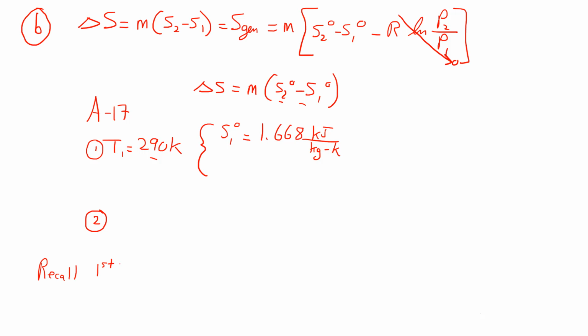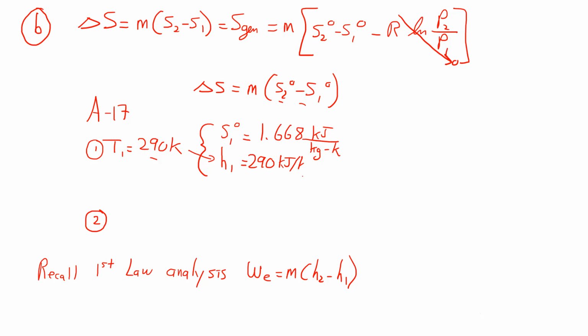my first law analysis, right, I had that electric work is equal to mass times H2 minus H1. Now I cannot substitute Cp delta T for delta H here because this is variable specific heats. So what I would do is leave it in terms of delta H, and I'll go to the ideal gas table, find H1 according to the temperature, which in this case is 290 kilojoules per kilogram.